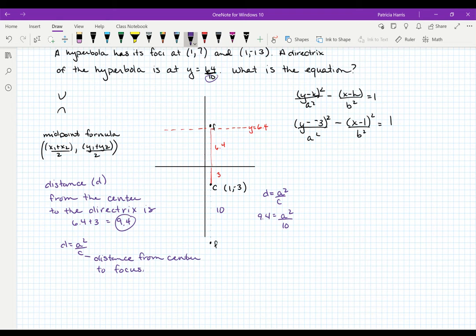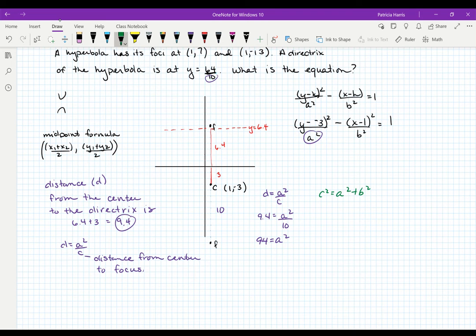So what should A squared be? 94. Now remember to write your equation, you need A squared, not necessarily A. So now I have this bit. Since you have C and you have A squared, you can use the foci equation to find your B squared.